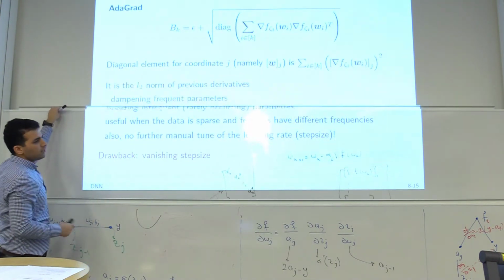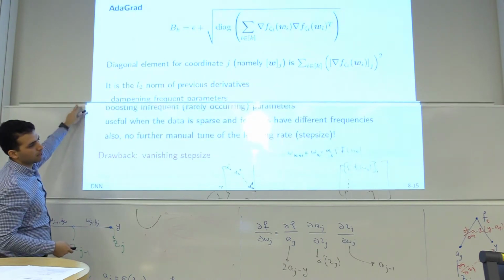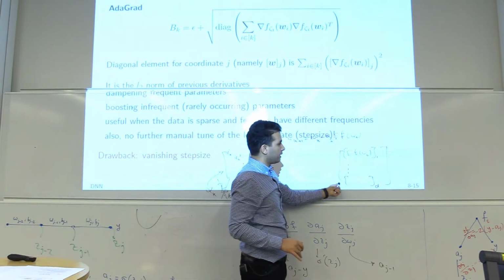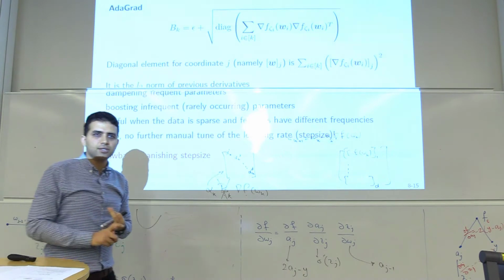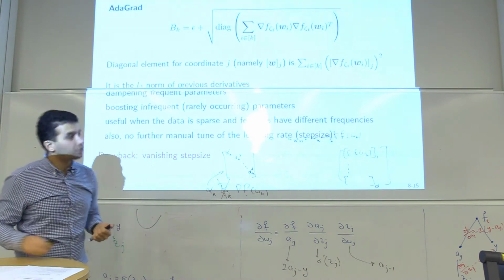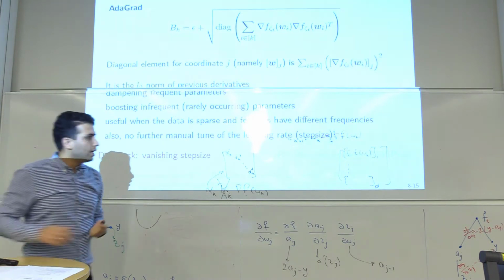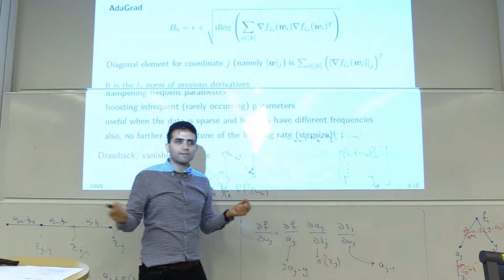Okay, so one way to do this preconditioning is that you can just keep a record of these gradients in all the iterations that you have: the first iteration, second iteration, all the way to iteration k. And then what you can do is accumulate the norm of the gradients.